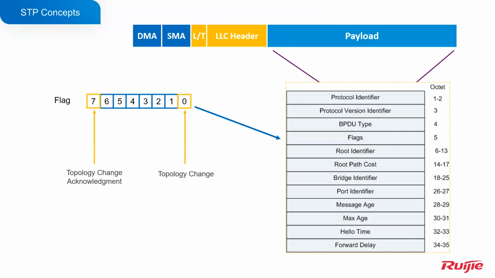So if you check the flags field and find that the last bit is 1, it means this is a topology change BPDU, or TC BPDU. Or if you find the first bit is 1, it means this is a topology change acknowledgement, or a TCA BPDU. Okay, it's defined by these 2 bits in the flags field.